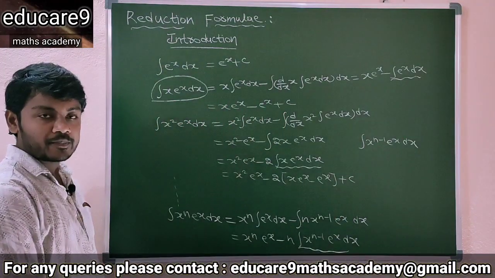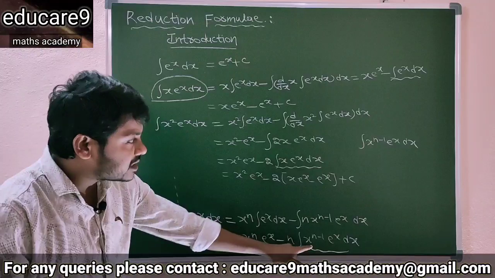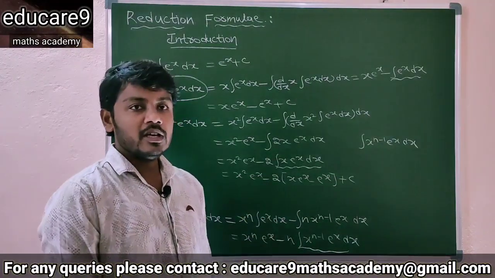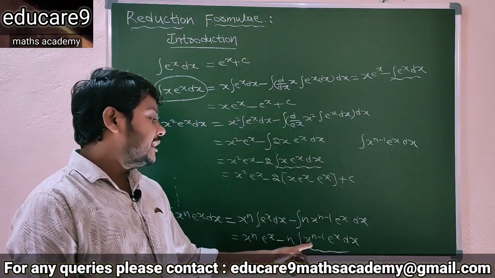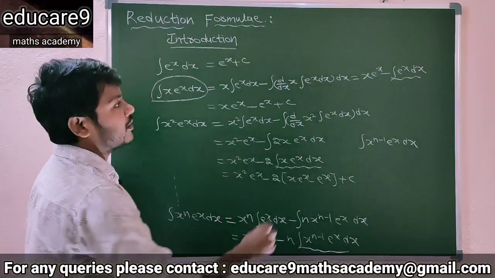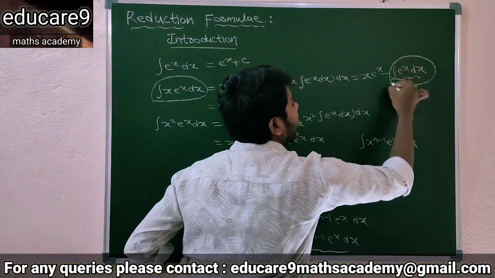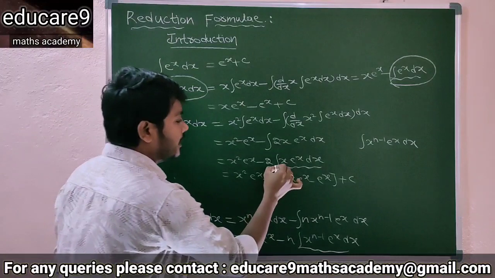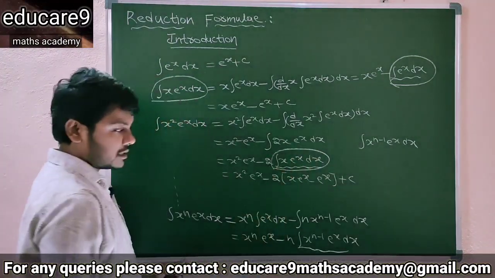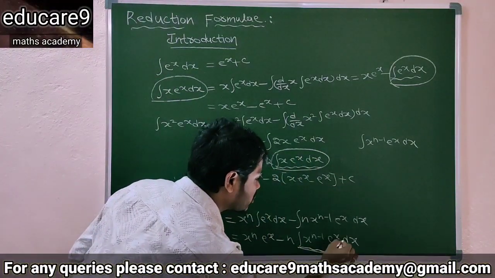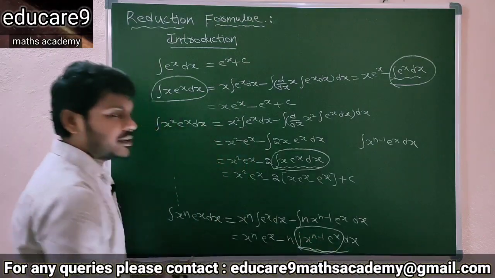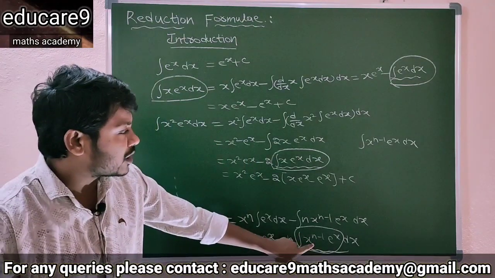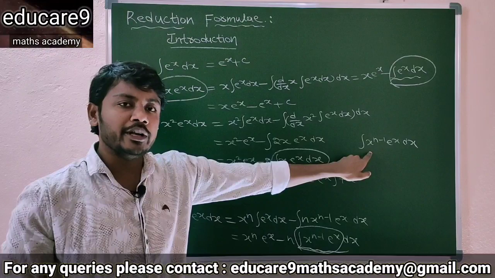Now again consider this one, we have to integrate this. Clearly here the integration terms are integration of e power x, next integration of x e power x, and here integration of x to the power of n minus 1 e power x. So again we have to integrate this one.